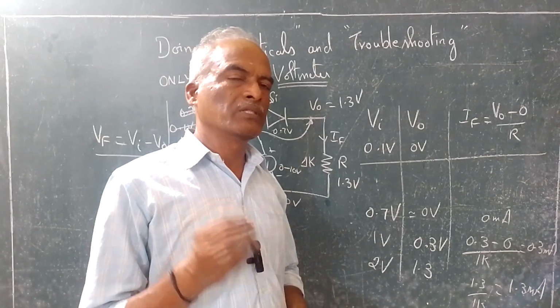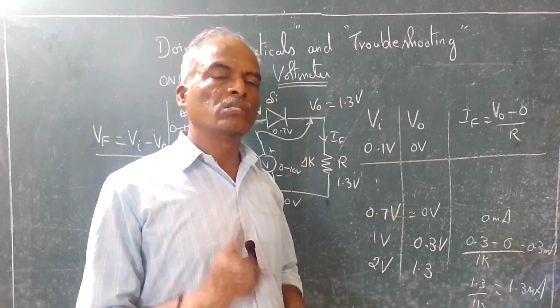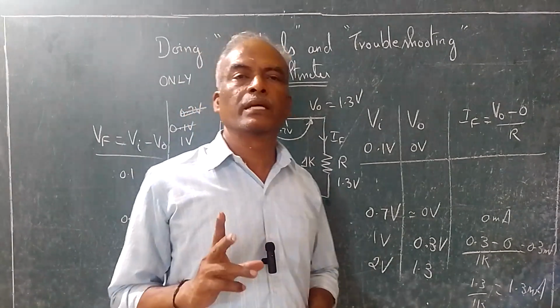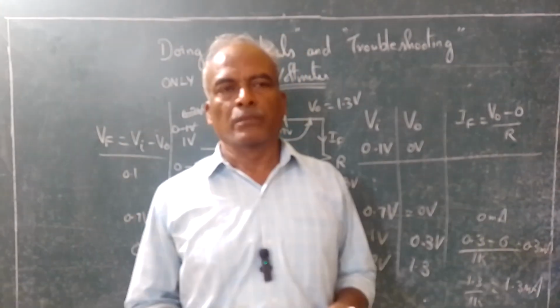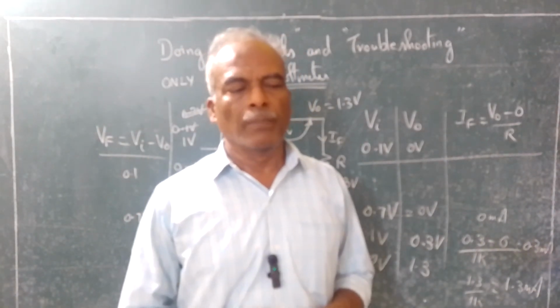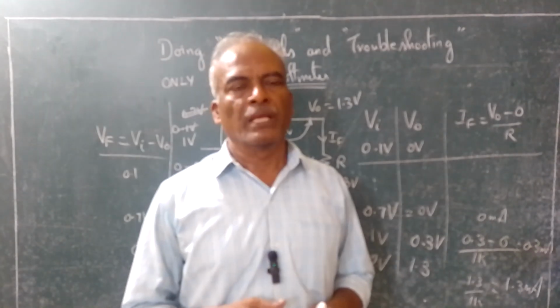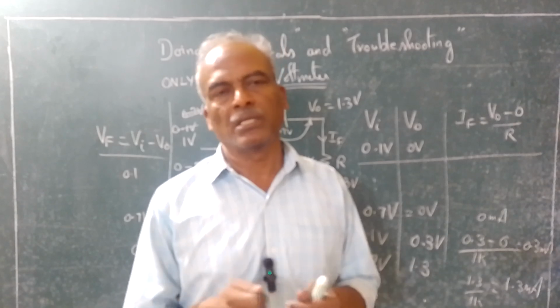So the best method is, after reading out the color coded value, once again you check with a standard meter, say a Fluke meter, not an ordinary digital multimeter. You can buy a Fluke meter. In that you choose the ohms range and measure the resistance.